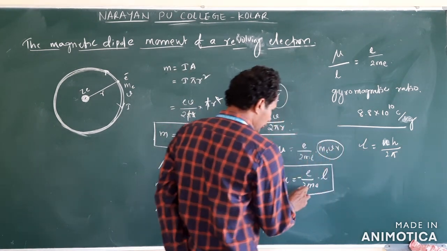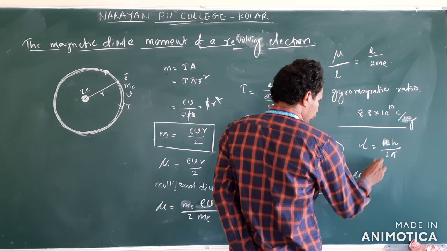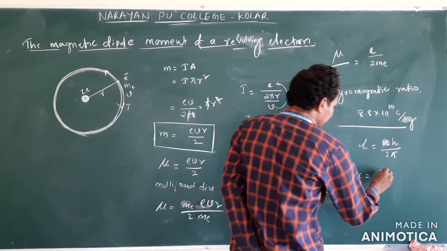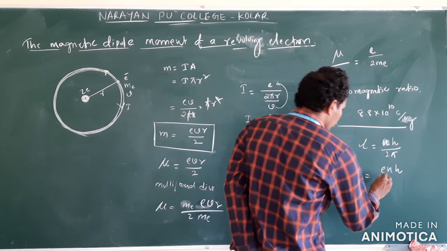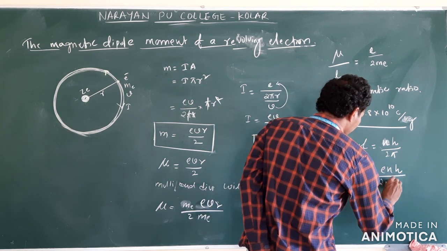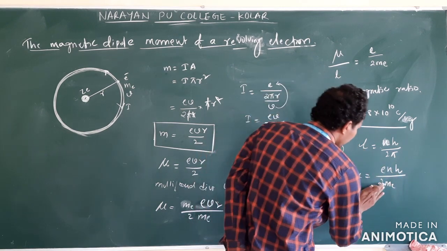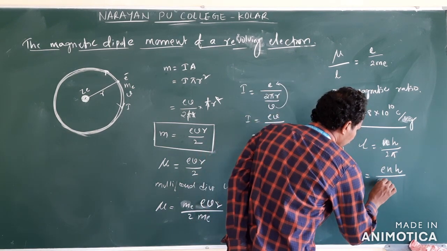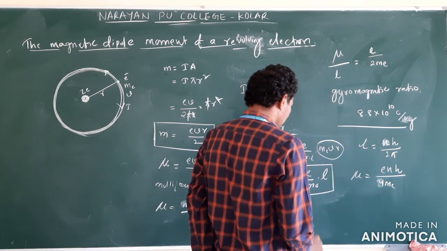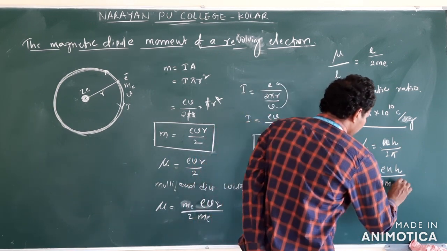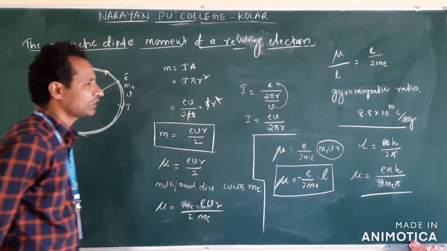Substitute the L value in this expression. Then mu is equal to E N H by 2 ME, and already 2 is there, so we get 4 pi ME. This is called the Bohr magneton. What is that?